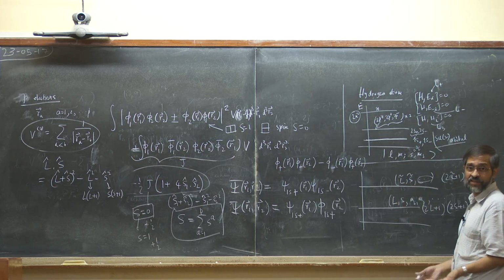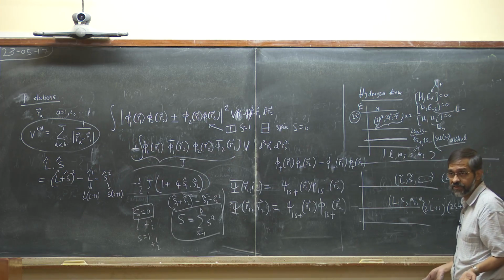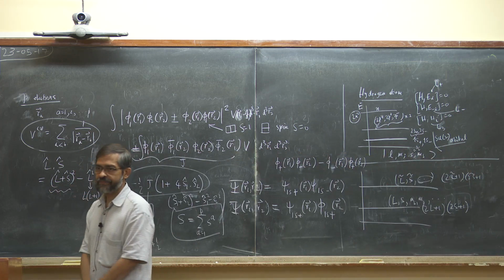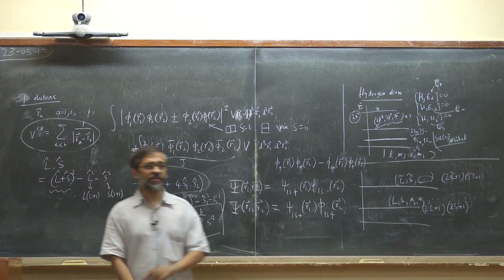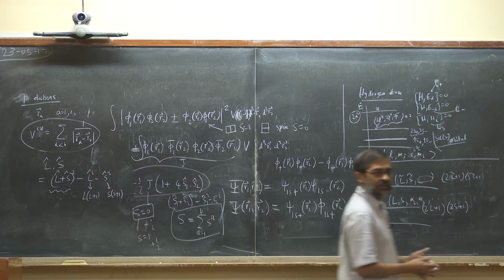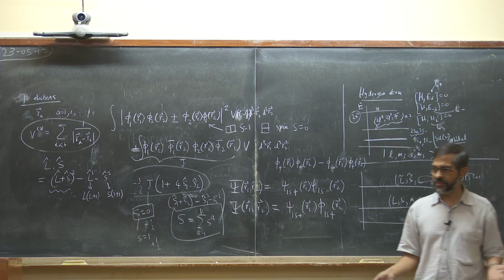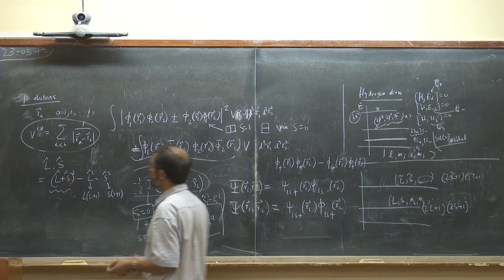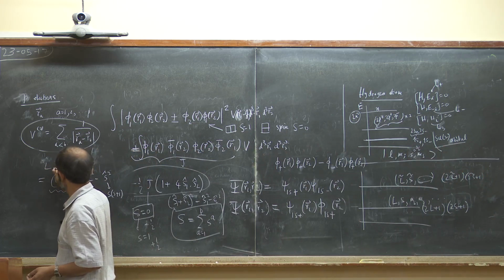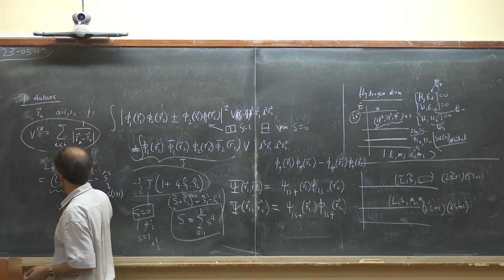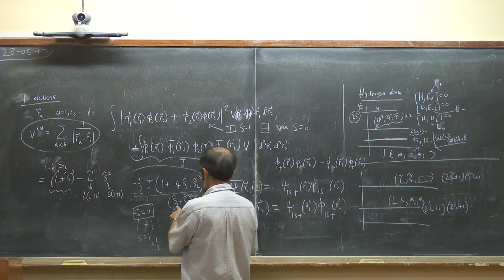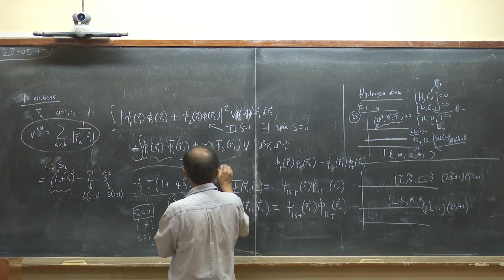Why? Because L and S are not independently conserved quantum numbers, but this one is. Appearance of L dot S means that now L plus S is a conserved quantity. Essentially, you can say that L dot S is like some L_i S_i.